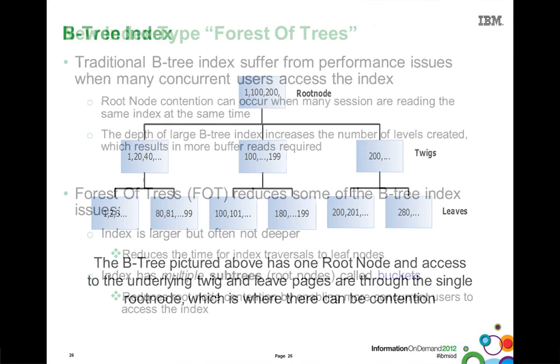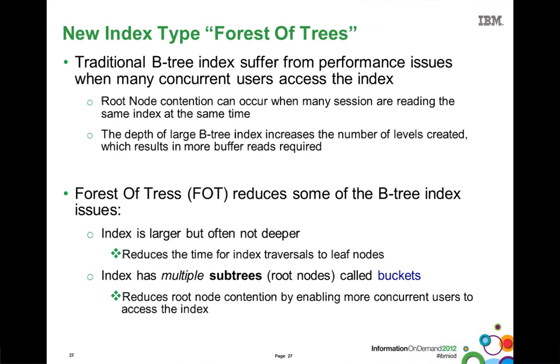So there is a new index type called Forest of Trees, and it breaks from the traditional B tree indexes in that it creates multiple root nodes and doesn't have to have as deep of an index, because we really hash out the first level of the index.